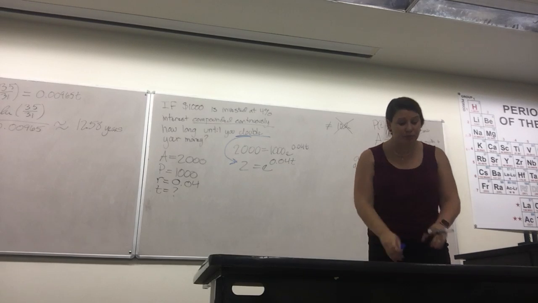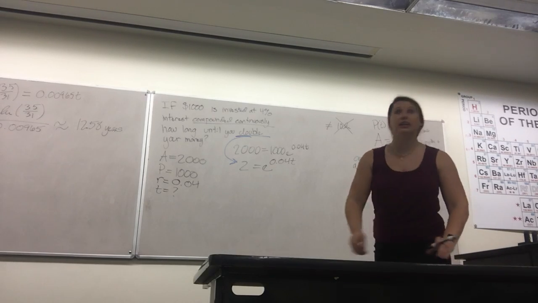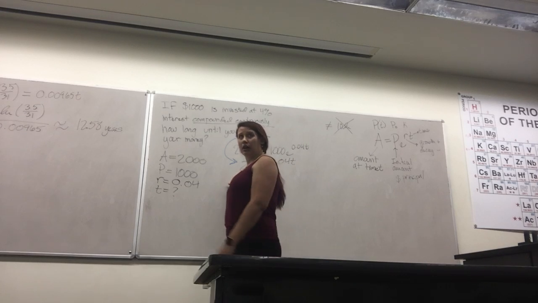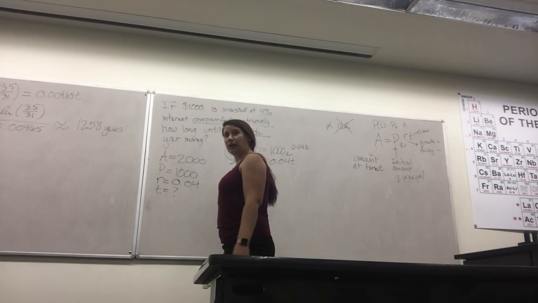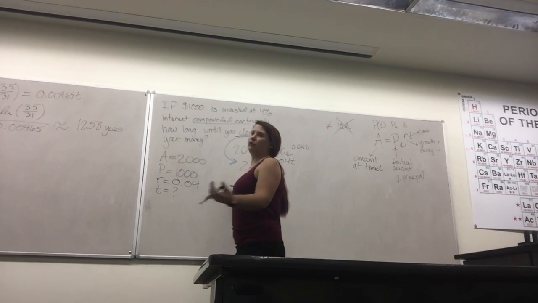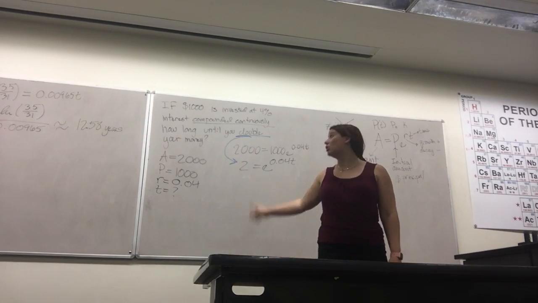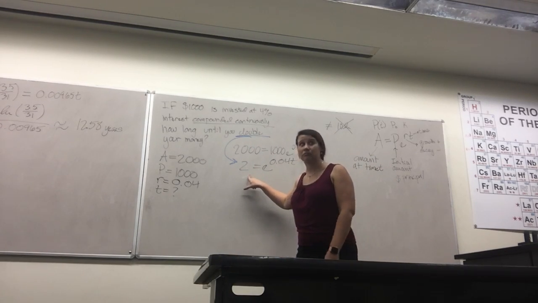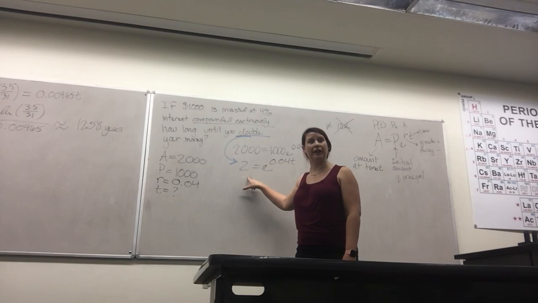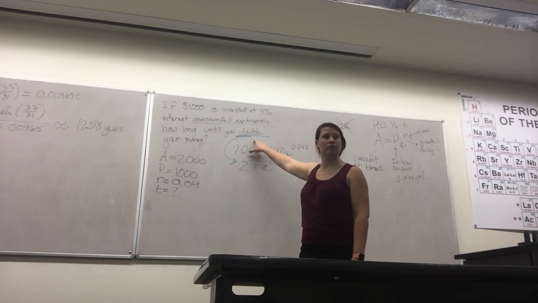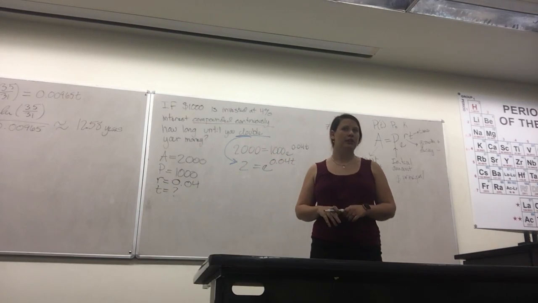So if we wanted to triple our money, it would end up equaling 3. Quadruple, 4. And I don't know how to say the other ones. Quintuple and so on, okay? So you can go straight here. That's fine, okay? And just say it equals the amount that you want to get, okay?